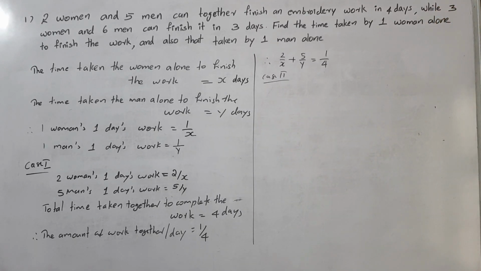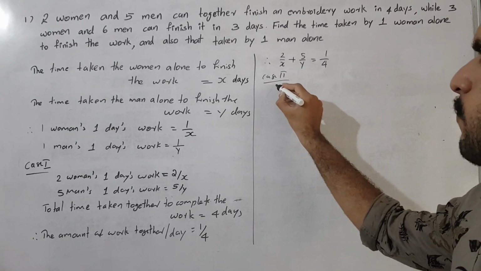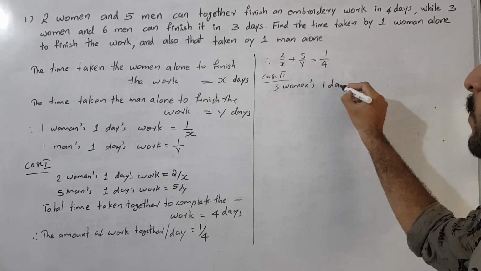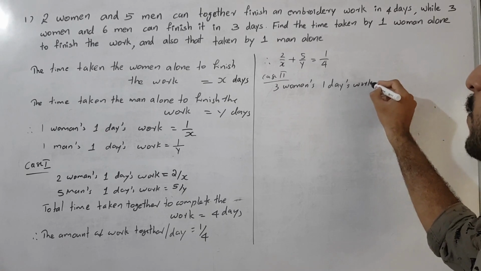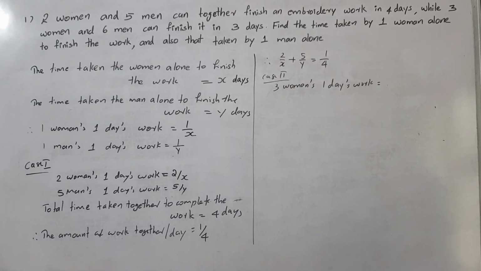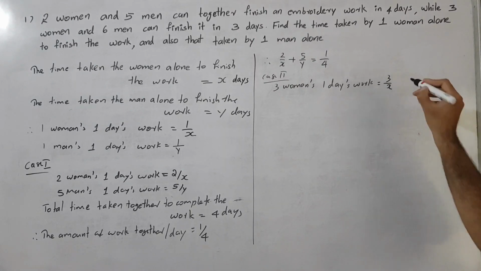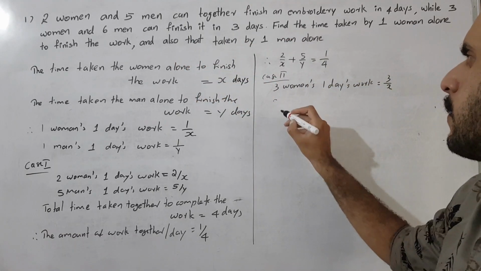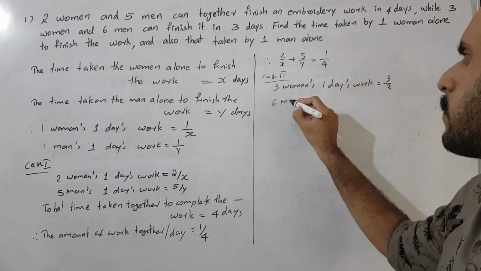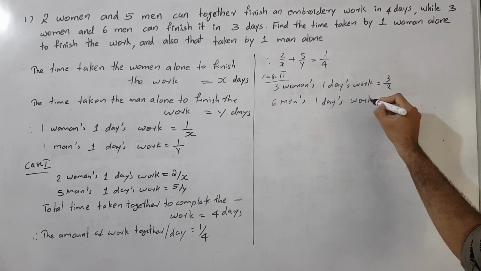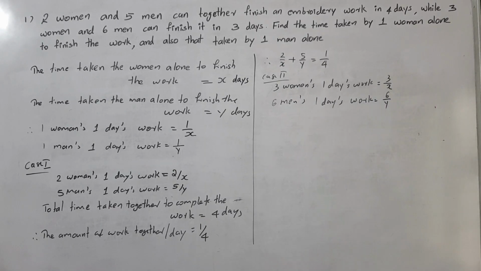In case 2, how many women? 3 women, correct? Then 3 women's 1 day's work is equal to, 1 woman's 1 day's work is 1 by x. Therefore 3 women's 1 day's work is 3 by x. 6 men's 1 day's work is equal to 6 by y.